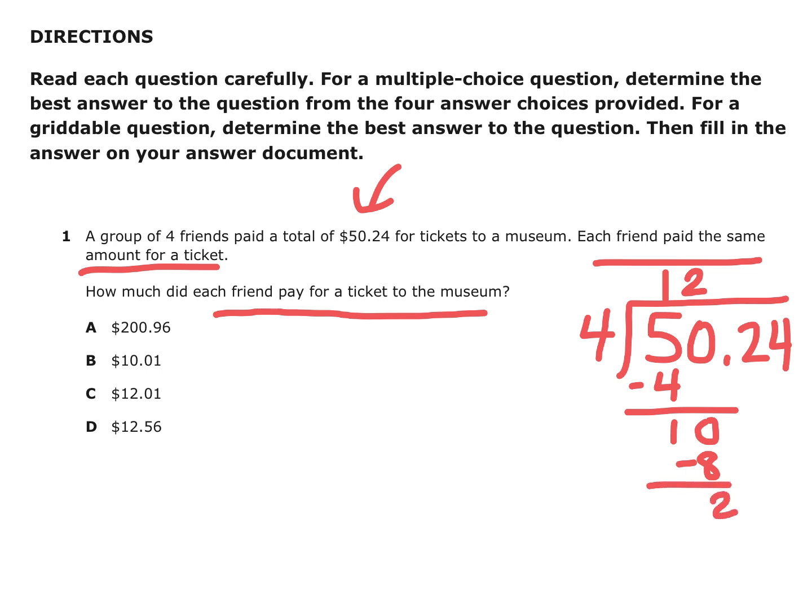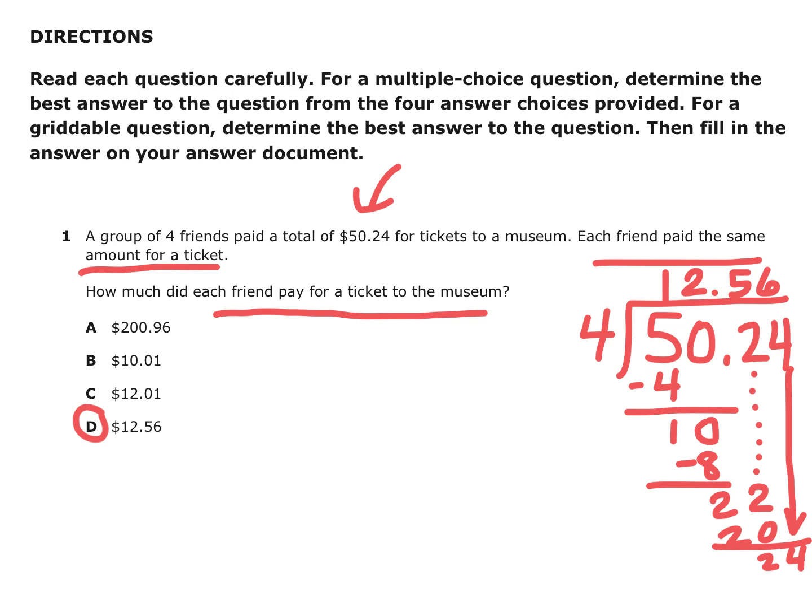That leaves you 2, and then you bring down the next number, which is a 2. 4 into 22 goes 5 times, because 5 times 4 is 20. 22 minus 20 is 2. Bring down this 4, and now I have 24. 4 goes evenly into 24 6 times. So the answer here should be 12.56, or $12.56. So the answer was D.